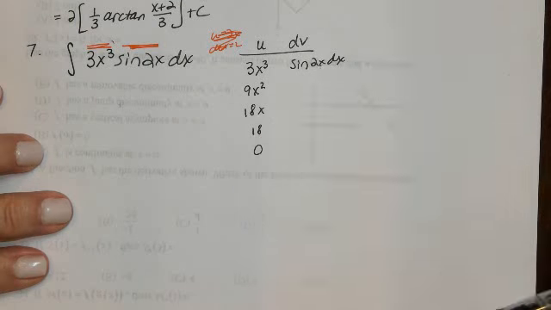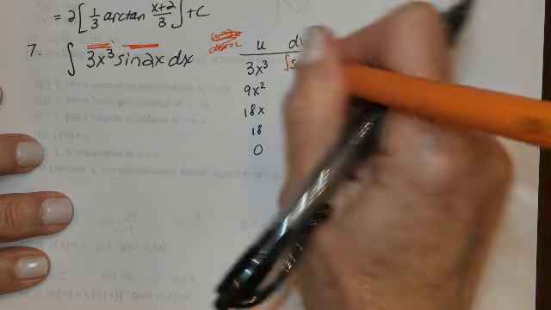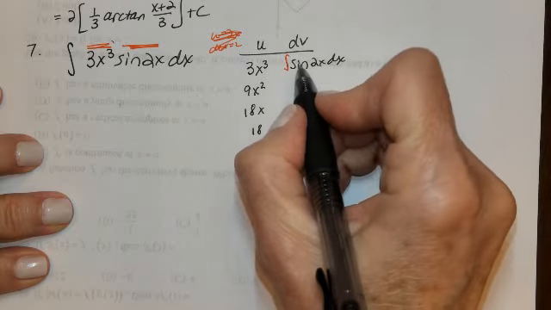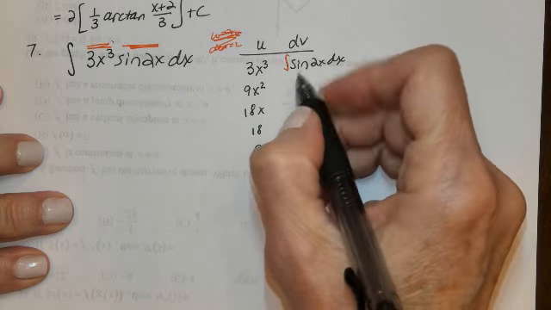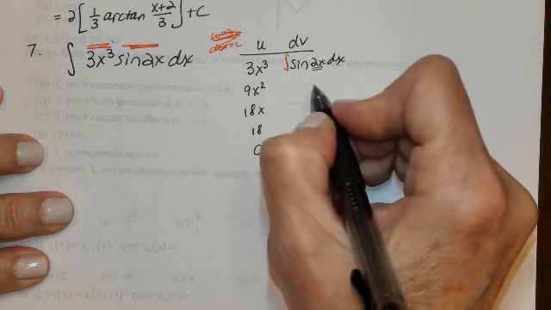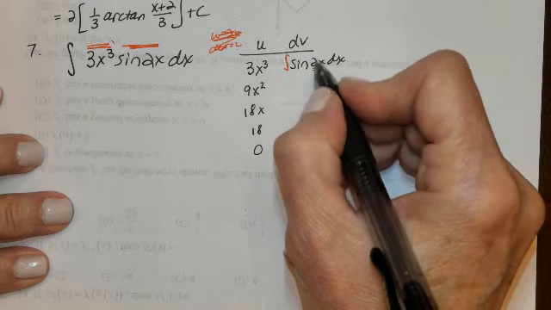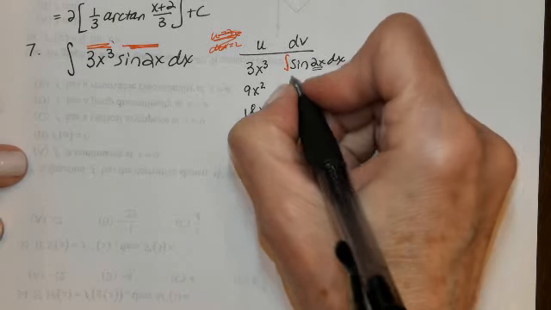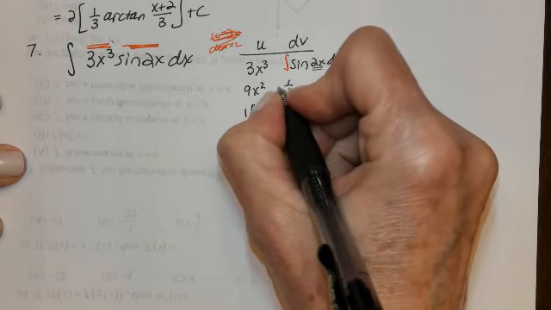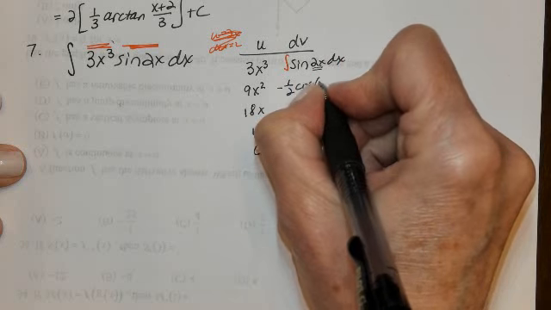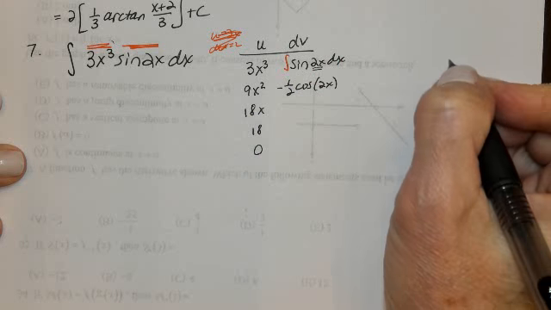For this side, we need to take the integral of each piece. The integral of sine is negative cosine. But remember, we have that 2x there, so the derivative would be a 2. We need to undo that 2, so it's going to be 1/2 a negative cosine of 2x.